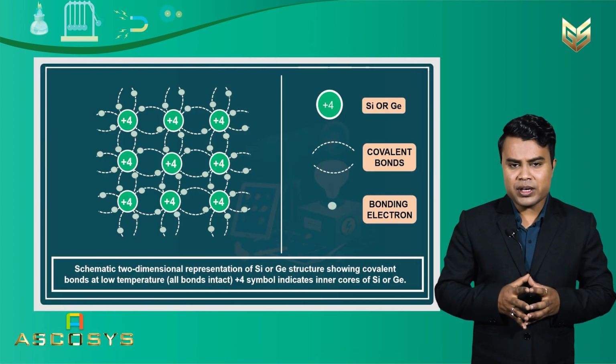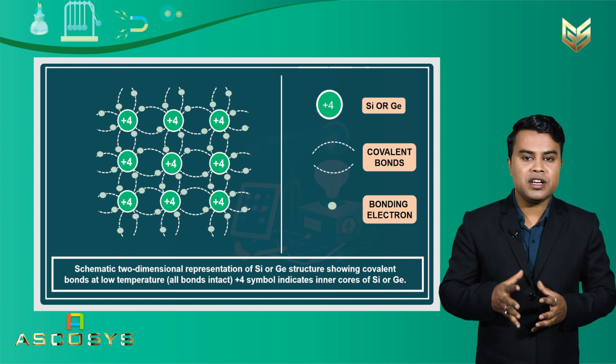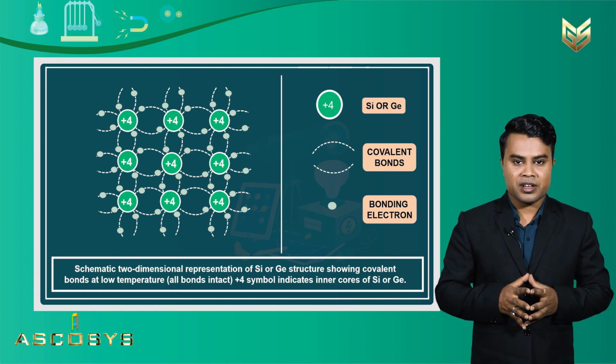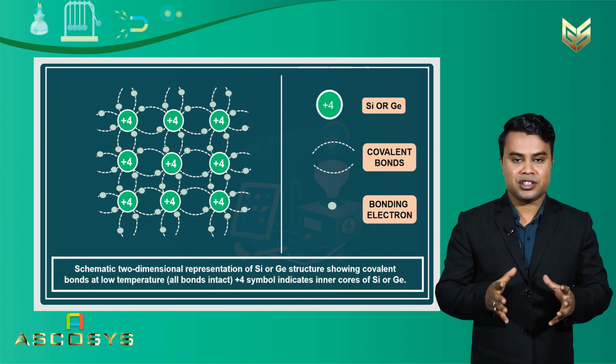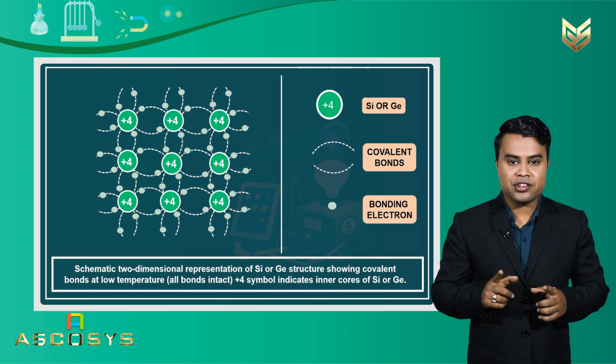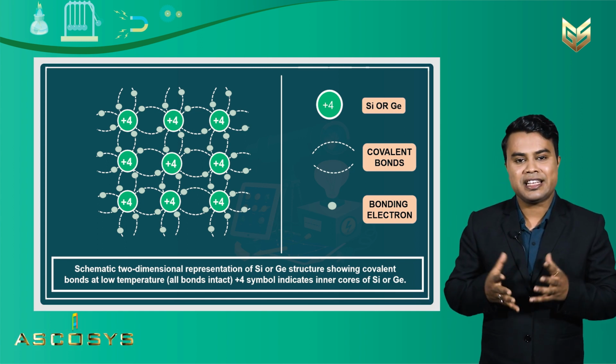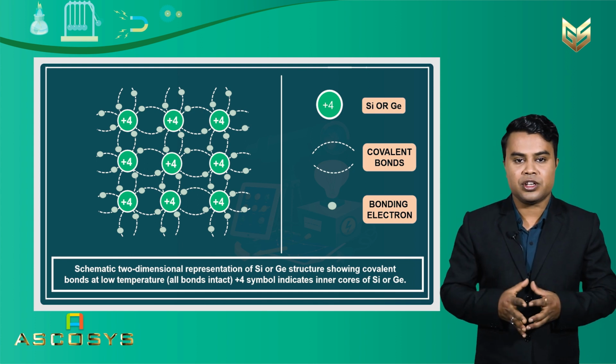Now, if you look at the screen, you will see that semiconductor atoms are forming covalent bonds with each other, and the resulting structure of the crystal is a semiconductor. So all the 4 electrons of the semiconductor atom are sharing covalent bonds. Take the case of silicon, take the case of germanium.